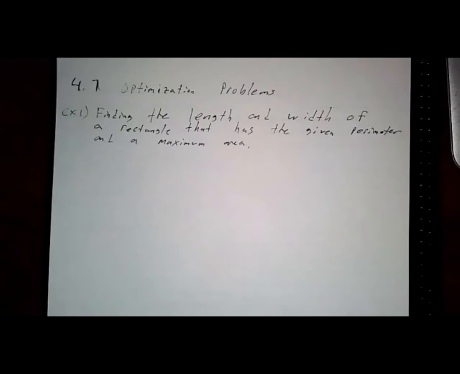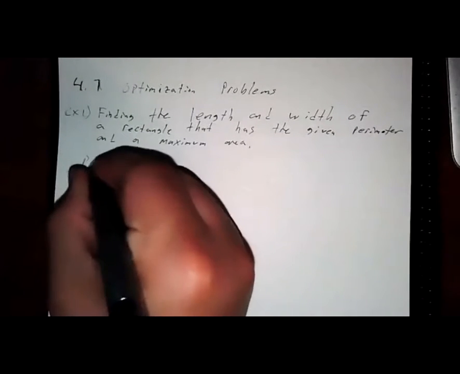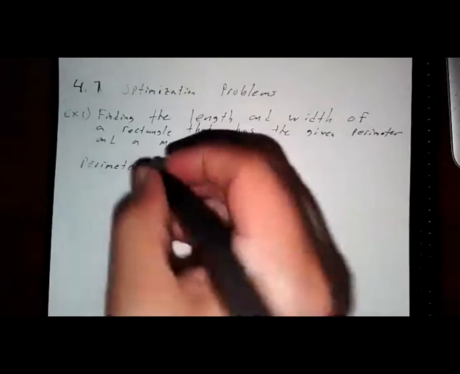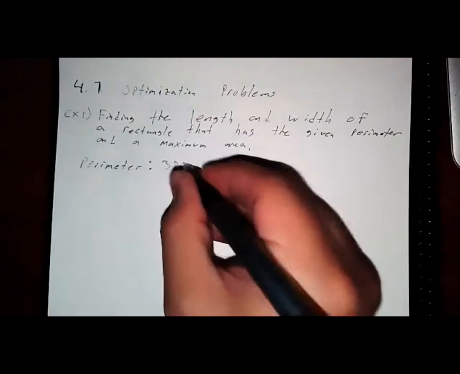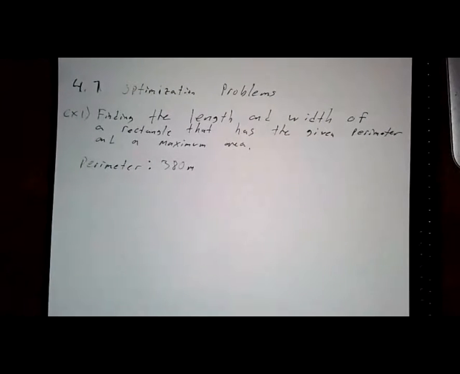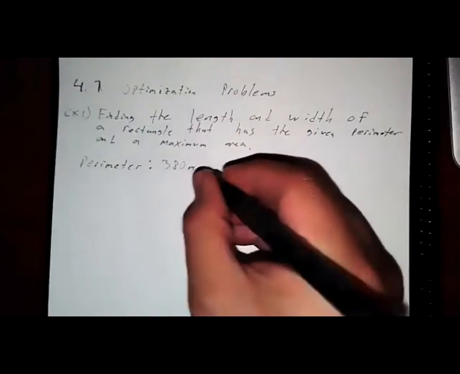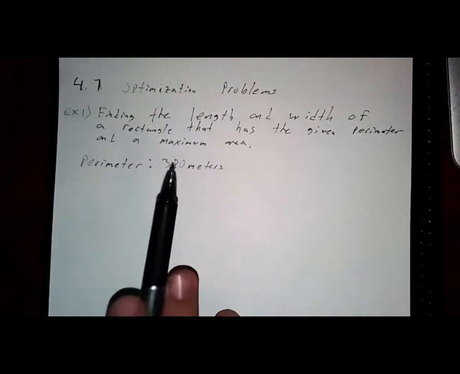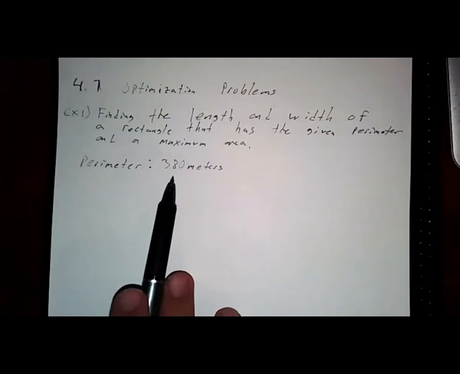So find the length and width of a rectangle given this perimeter, 380 meters from the homework. So maximize the area, knowing that this is the perimeter that you have to work with, right?